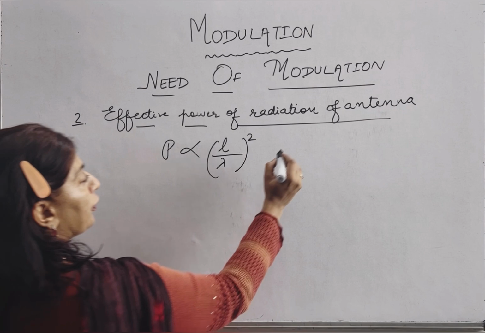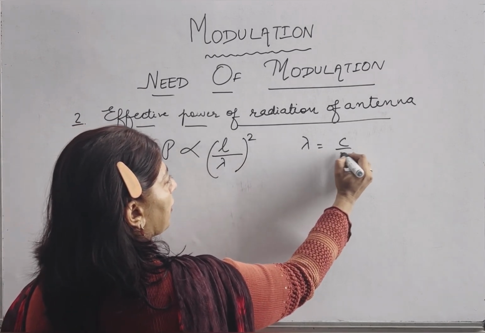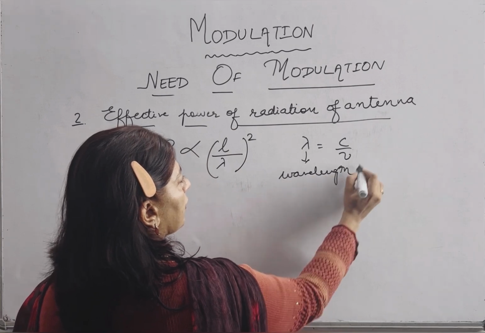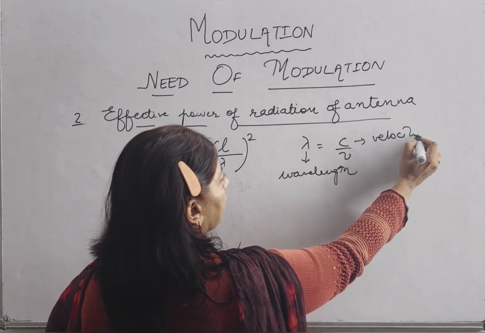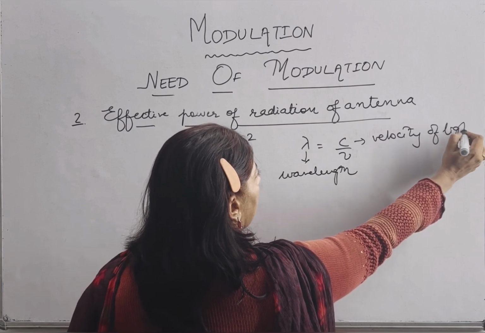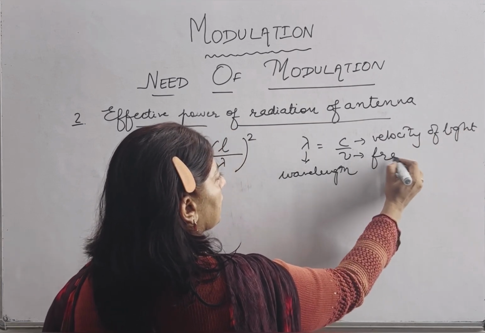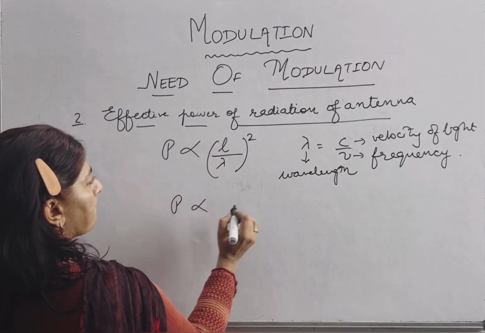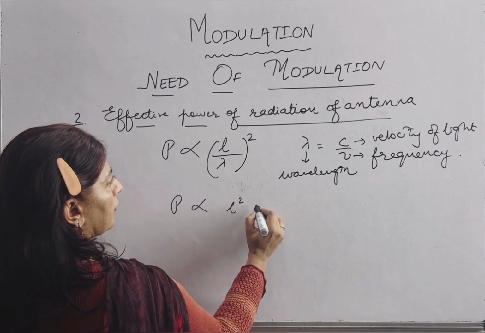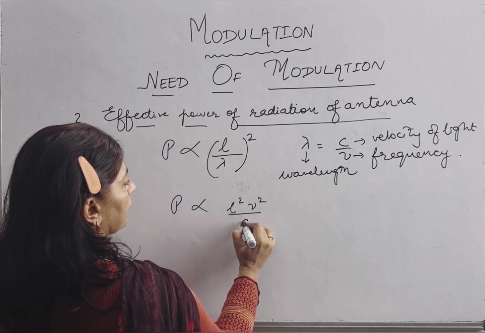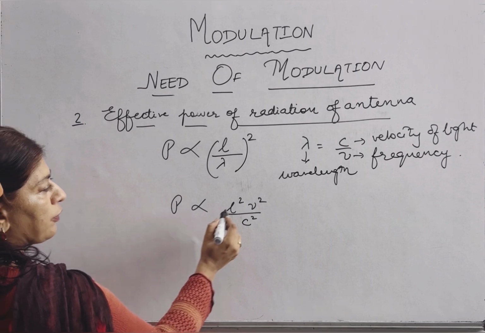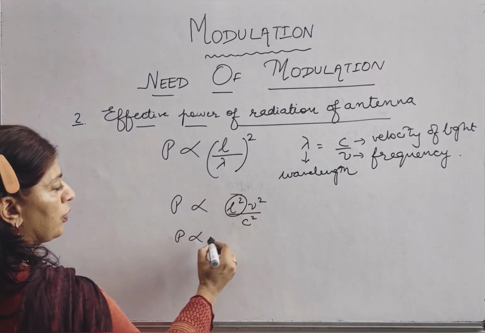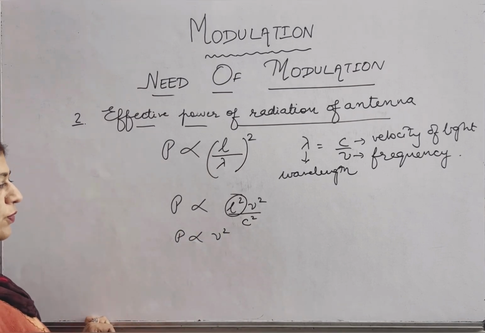Now we know this lambda is equal to C by nu, where lambda is the wavelength, C is the velocity of light, and nu is the frequency. Putting these values, if we keep length constant, then P is proportional to nu square since velocity of light is also constant.